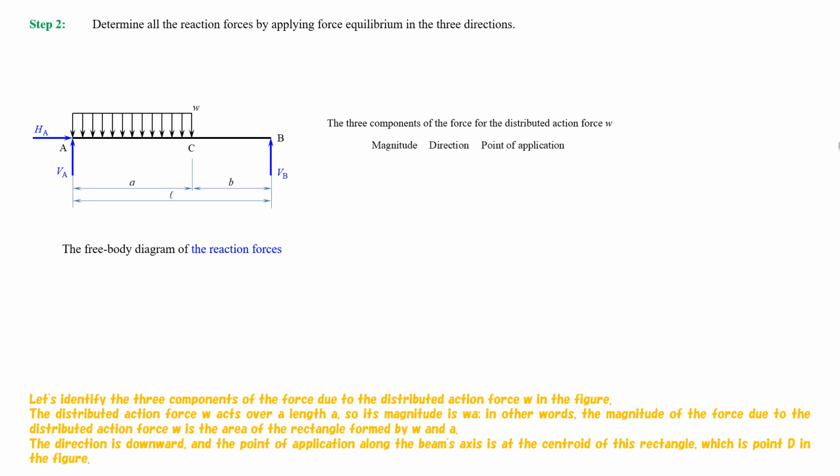The distributed action force W acts over a length A, so its magnitude is W multiplied by A. In other words, the magnitude of the force, due to the distributed action force W, is the area of the rectangle formed by W and A. The direction is downward, and the point of application along the beam's axis is at the centroid of this rectangle, which is point D in the figure.